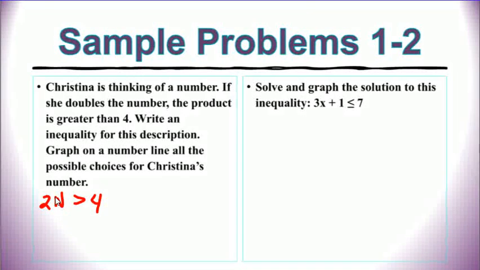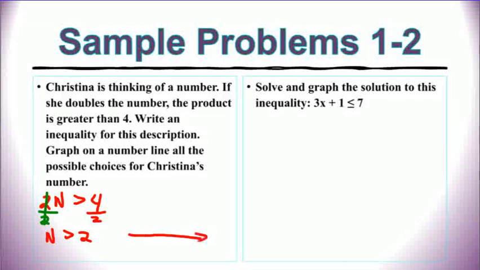And now we have to simplify to solve so we can find out all the possible choices. The opposite of multiplying by 2 is dividing by 2. So I need to get the variable by itself. 2n divided by 2 is just n. 4 divided by 2 is 2. So any number greater than 2 would be Christina's number.